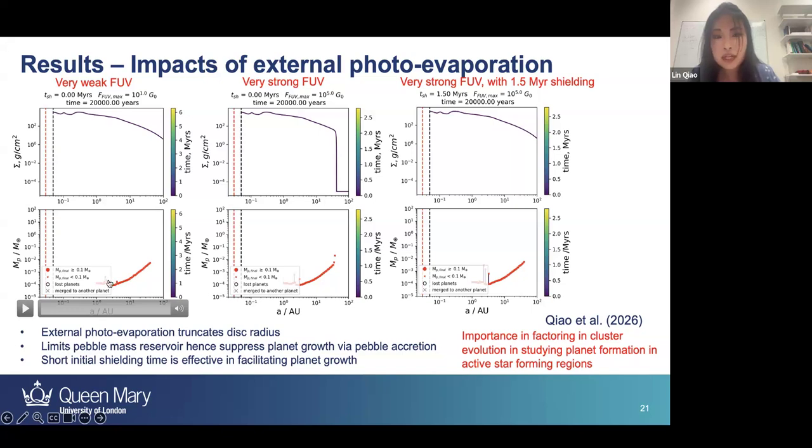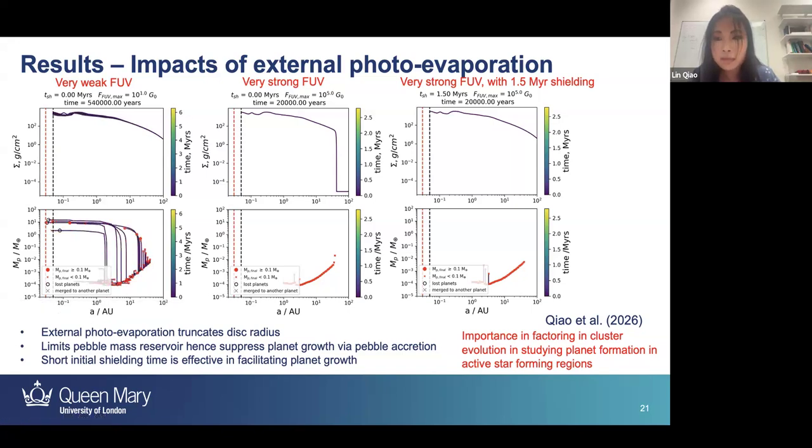The red dots indicate the initial planetary embryos, and the color indicates evolution time. You can see that without external photoevaporation, the disk just viscously evolves, and planets here are able to accrete pebbles, grow and migrate over time.